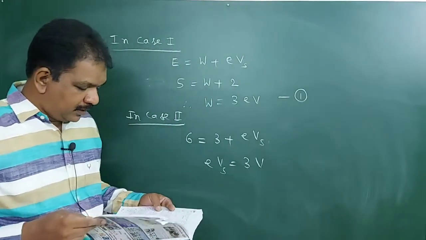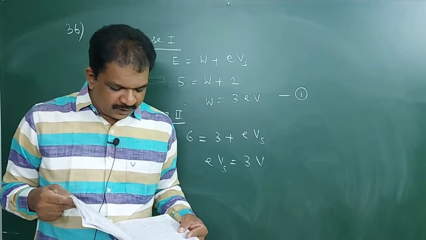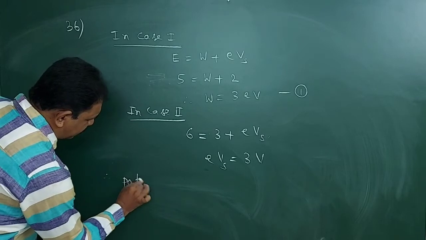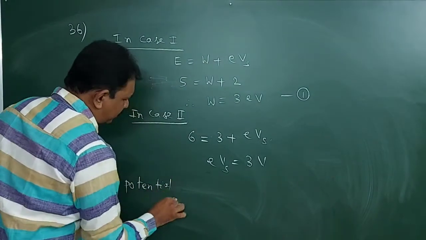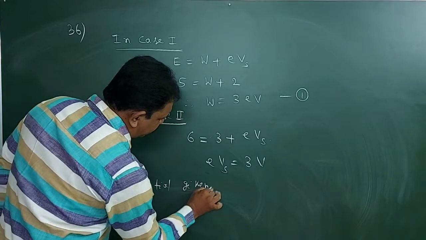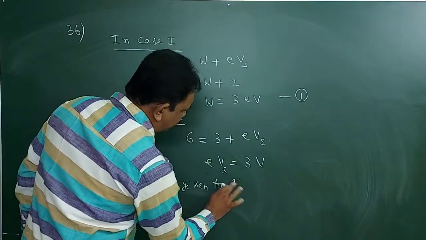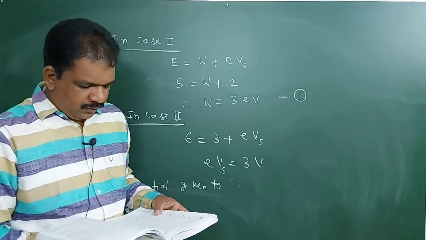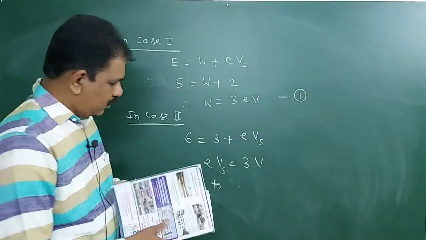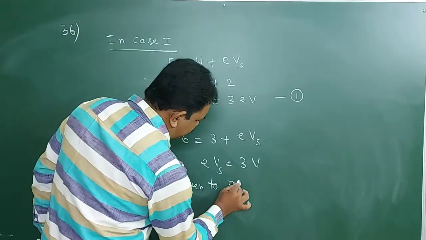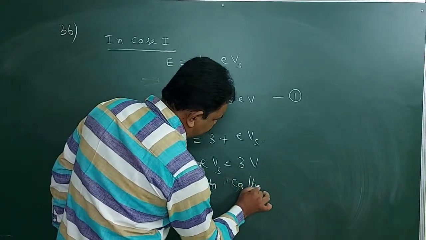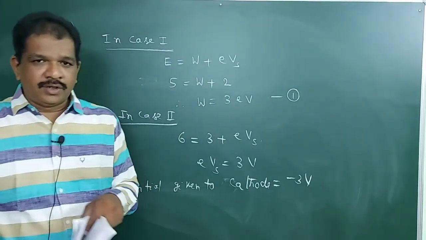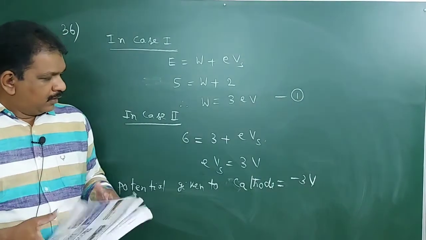For the emitter, the potential given is also minus 3 volt. Actually, this is the cathode.